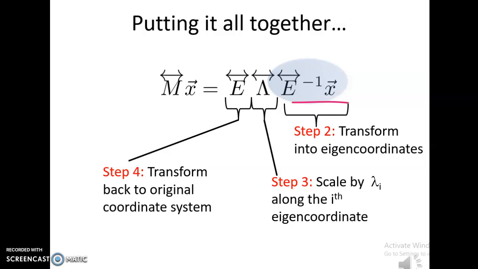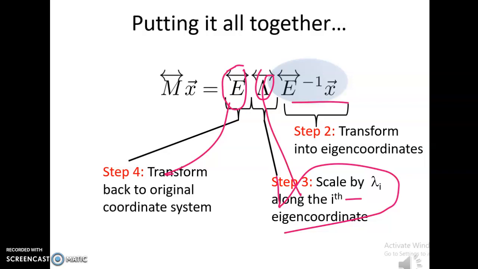So here step 4, transform back to the original coordinate system. Here scale by lambda_i along the ith eigen coordinate. Step 2, transform into eigen coordinates.